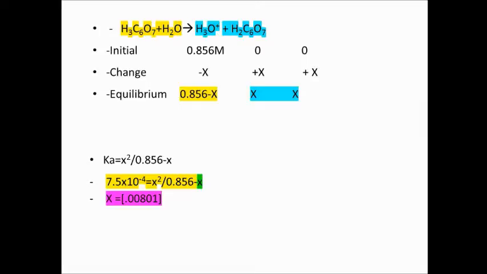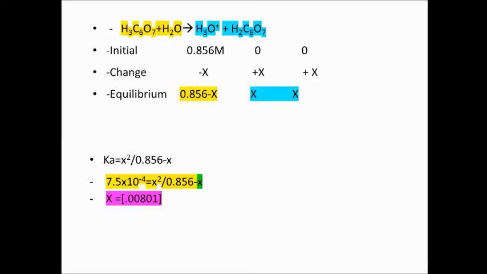That rule of 100 tells us that if our number is over 100, we can negate that X. To see if it's over 100, you will take your molarity divided by the Ka, and if that value is over 100, negate that X, and let's go ahead and just solve for X. And I did check to make sure it's over 100. It is, and I do recommend that you try on your calculator and make sure that you see if it's over 100, and then you just solve for X.